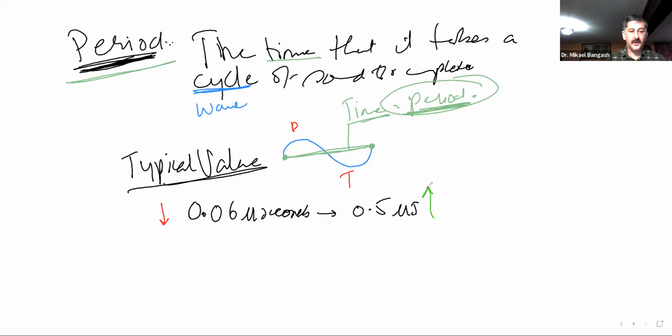Now, guys, let us first look at the unit microsecond. The unit microsecond is 1 over a million of a second.